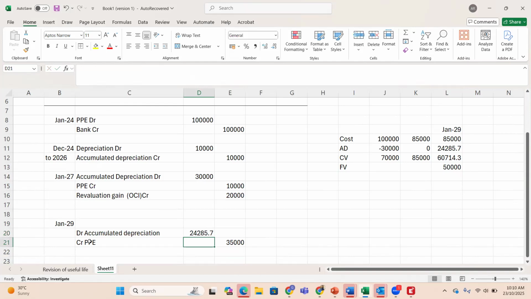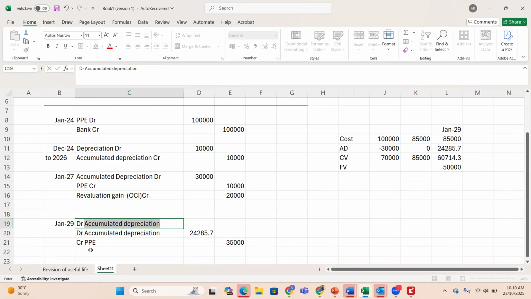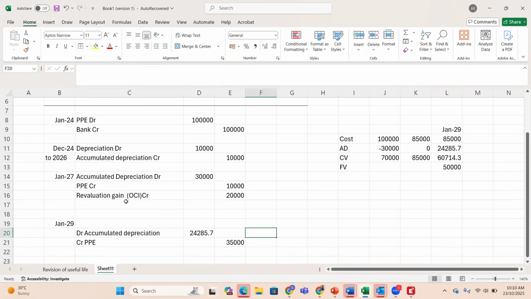Now then, revaluation loss. Debit revaluation or impairment loss only, it will go to P&L. But what they say is, if there is a revaluation gain which is staying there, you have to first take it off, and the remaining should only be, yeah.